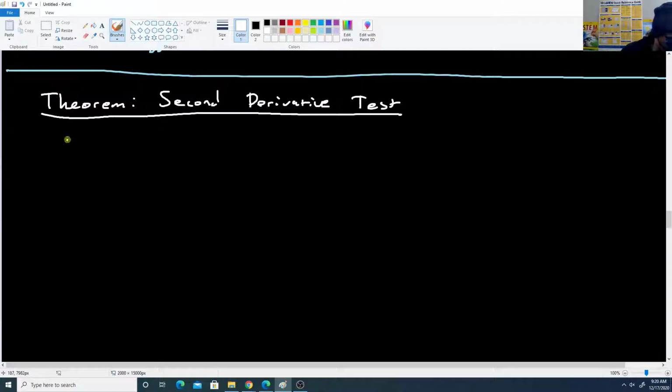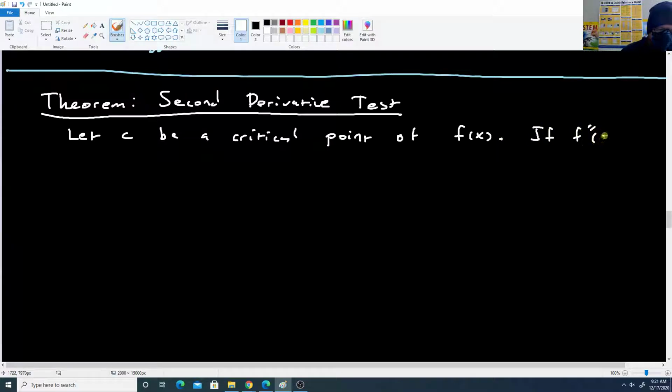Let C be a critical point of f of x. If f double prime of C exists, then the following things happen.